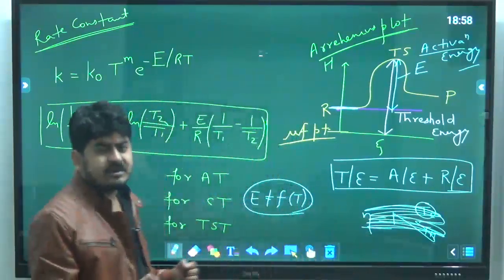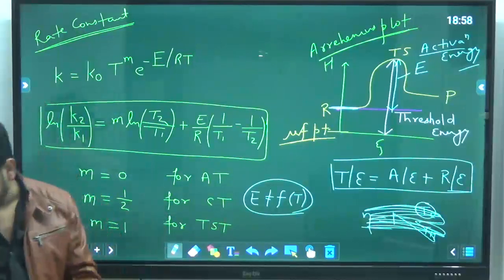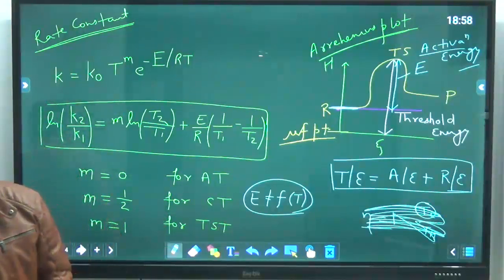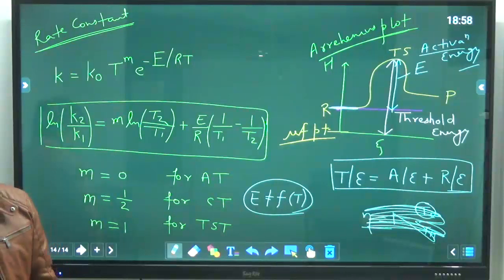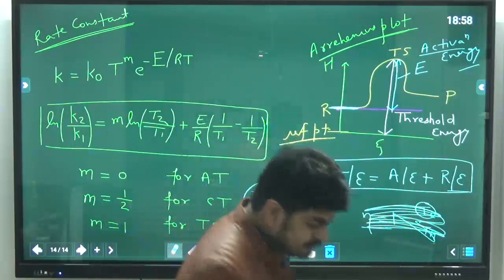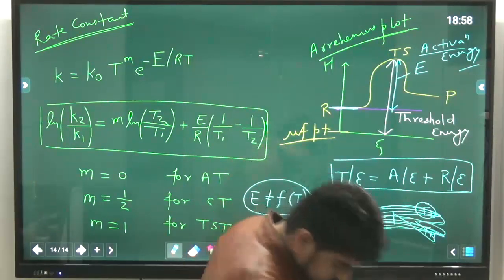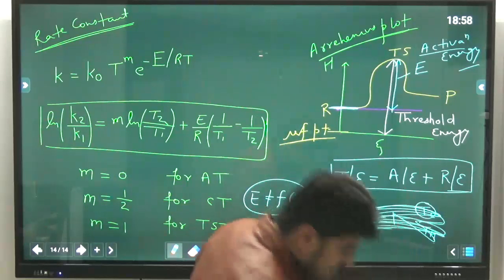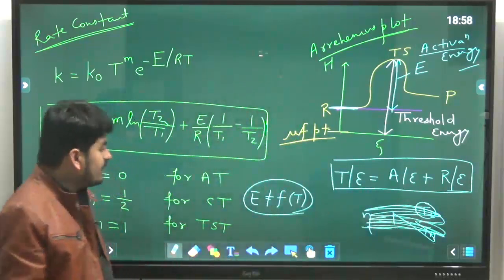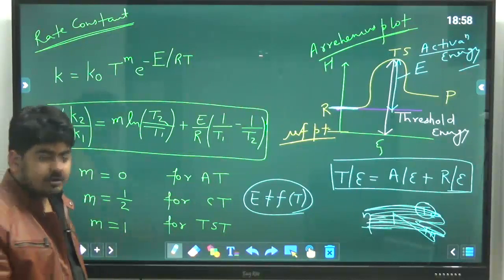That is the beauty in chemical engineering, that we can relate each and every concept with other subjects. So I hope this part is clear to all of you.